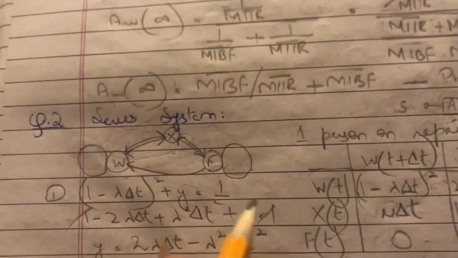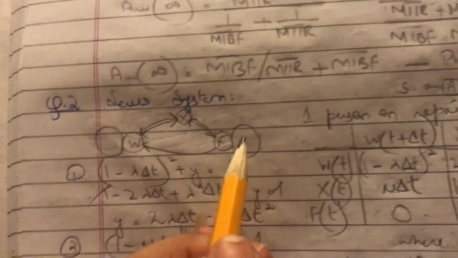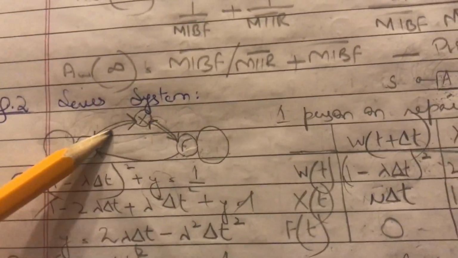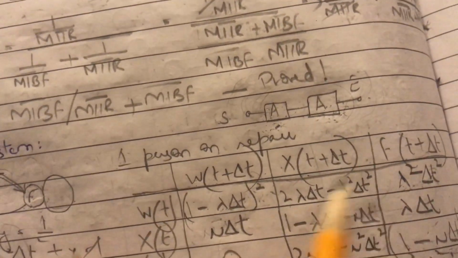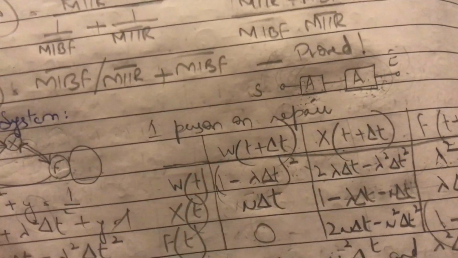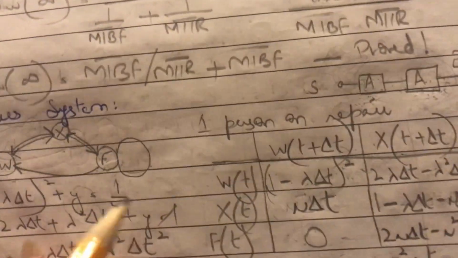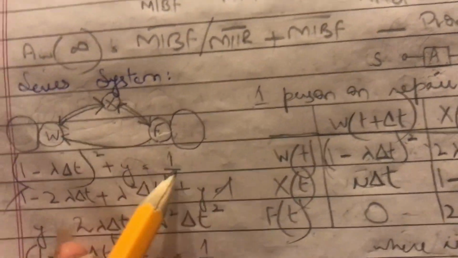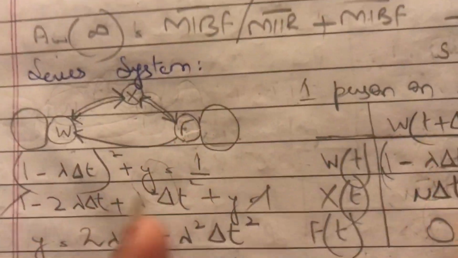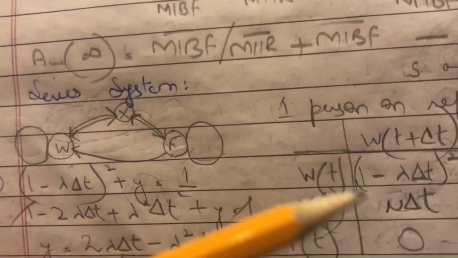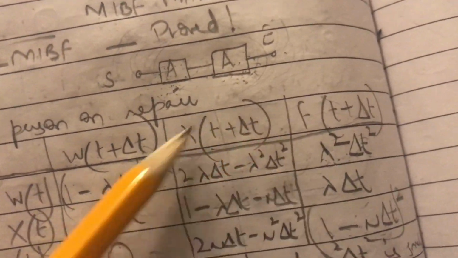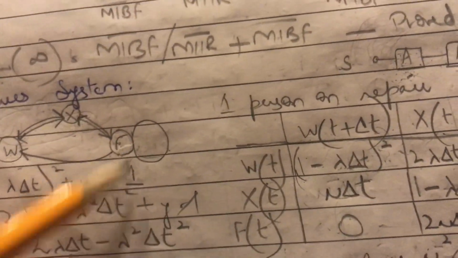That is the rule of this Markov chain, Markov theory, that it equals 1. We will see afterwards whether it is 1 or not. Now first we have to find the value for this x, so equals to 1, that's why we keep it as 1.